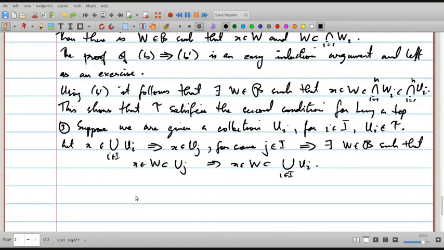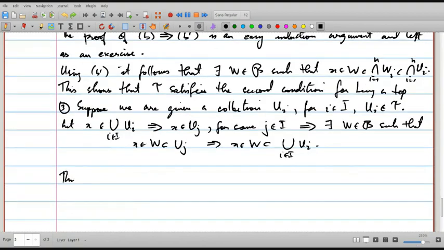So thus tau satisfies all three conditions for being a topology.